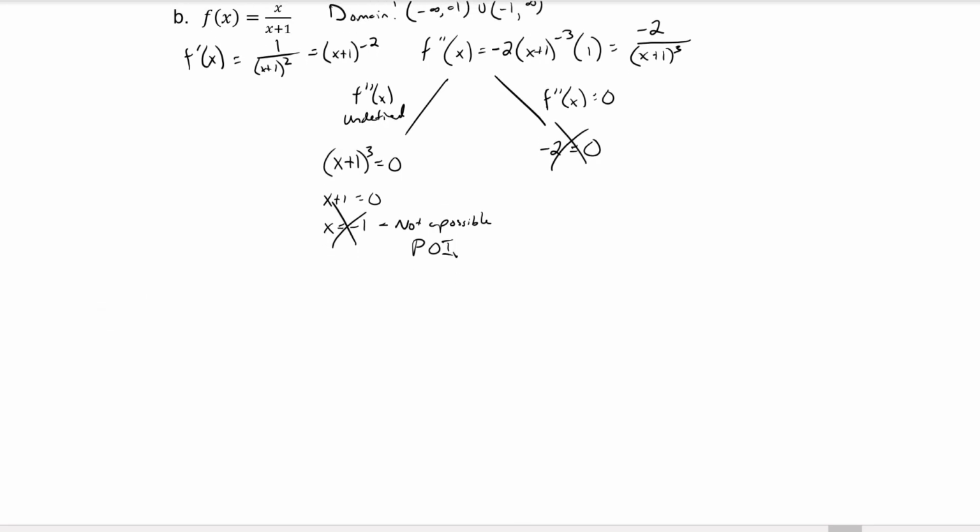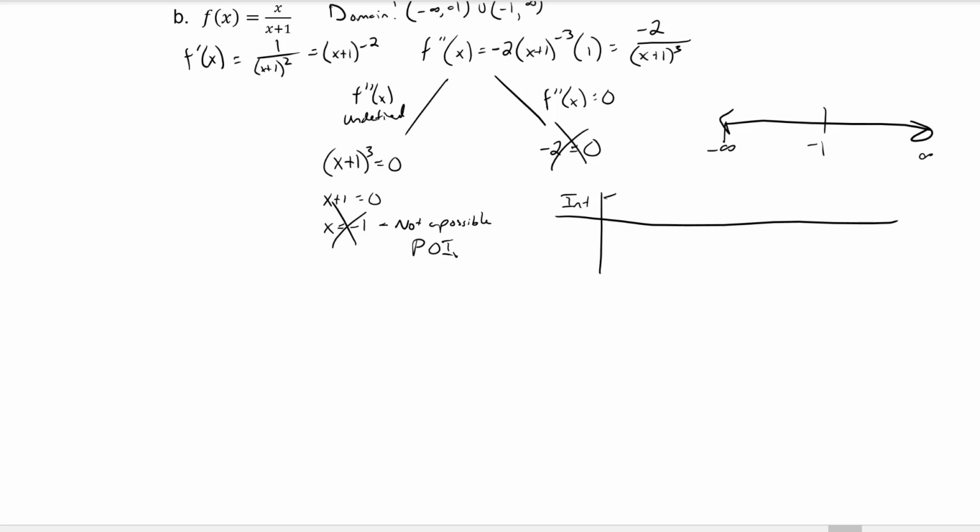In this case, our only intervals are the domain: negative infinity to negative 1, and negative 1 to infinity. For the interval negative infinity to negative 1, a good test point is x equals negative 2, and from negative 1 to infinity, a nice easy number, pick 0.